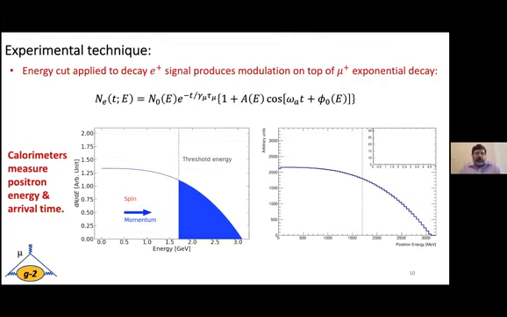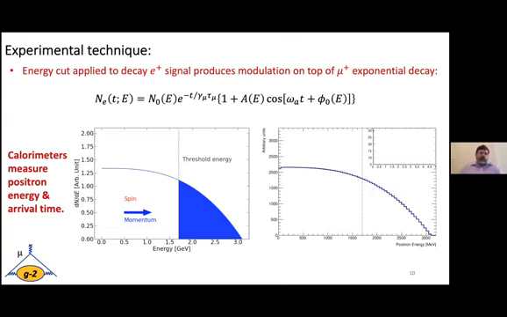When muons decay, there ends up being a correlation between the muon spin at the time of the decay and the direction of the outgoing decay positron. It's natural to think about this in the center of mass frame of the decay, or the rest frame of the muon, but we don't measure the positrons in the rest frame. We measure them in the lab frame.